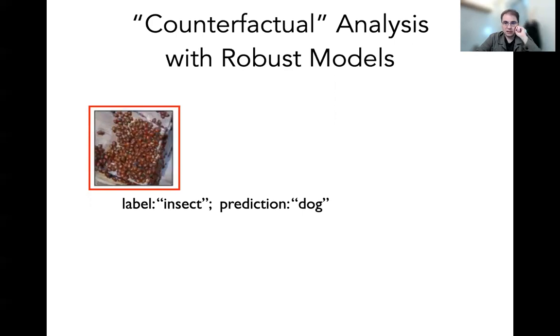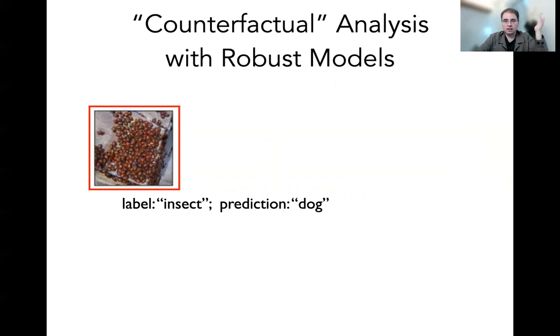This is the image that I showed you at the beginning of the talk, an example of an image that the model gets wrong. This is an ImageNet picture, and an ImageNet model gets it wrong, and even a robust ImageNet model also gets it wrong. The correct label is insects here, but for some reason the model claims this is a dog.